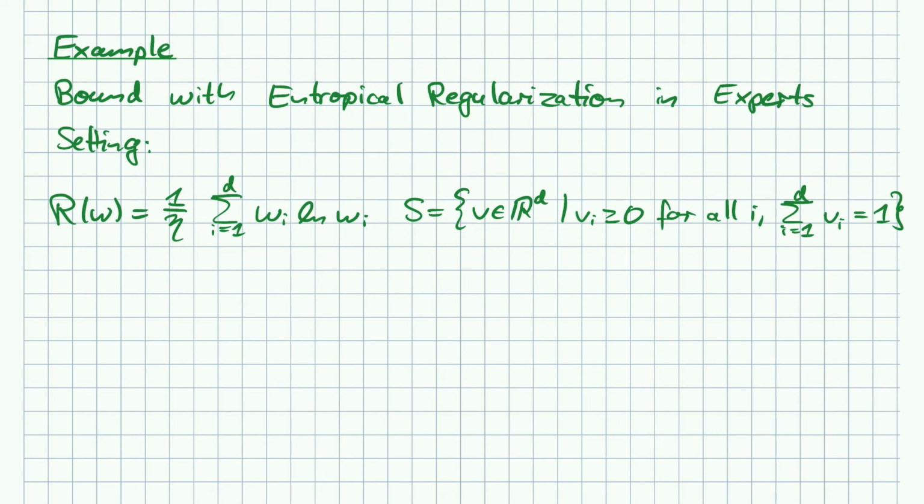Now, this R here, you can show to be 1 over eta strongly convex with respect to the L1 norm. And what else do we have?